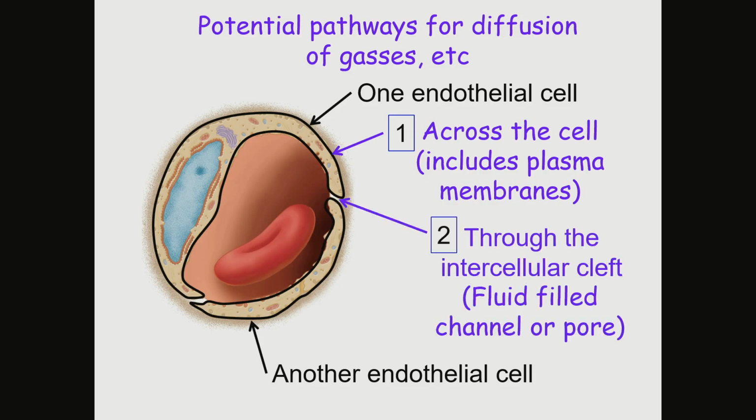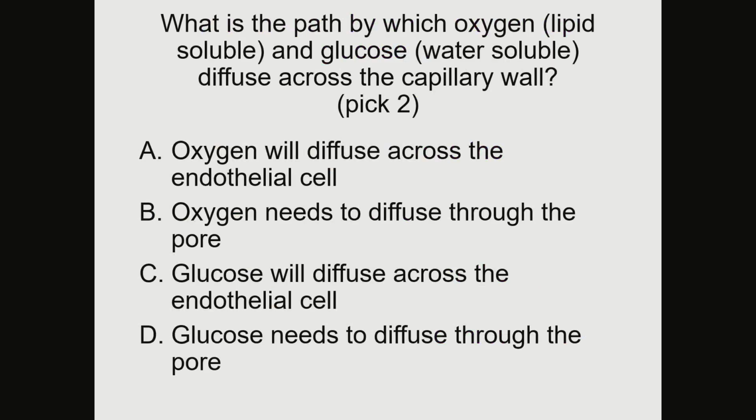Or we have a little space between this endothelial cell and this one, and that's the intercellular cleft, and so it can go through that, okay? Obviously, things are not empty, so there's a little bit of fluid in there. And how will oxygen typically go, and how will glucose typically go?